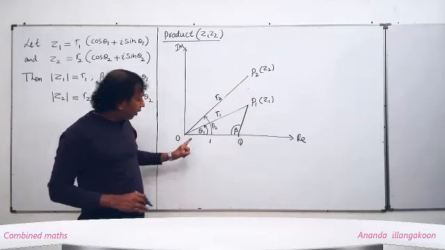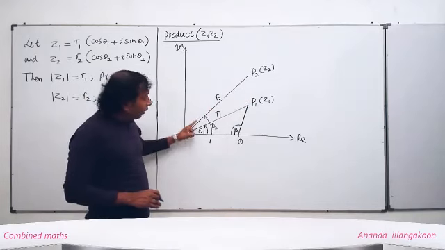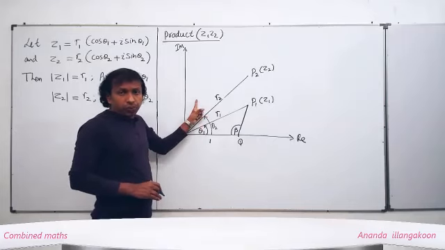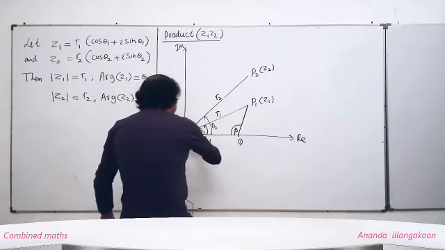I repeat that again: I am going to draw a line that starts from O, going above this OP2, making an angle theta 1 with OP2 like this.